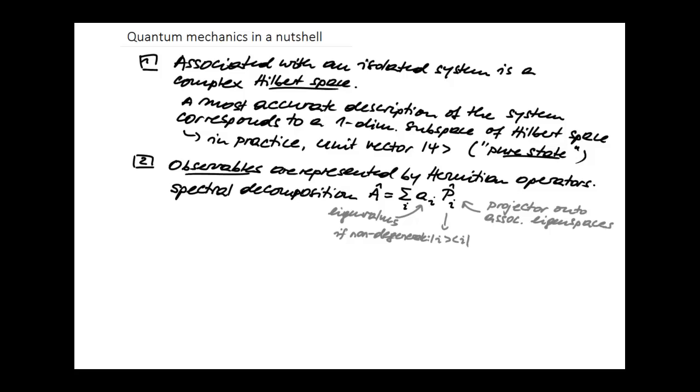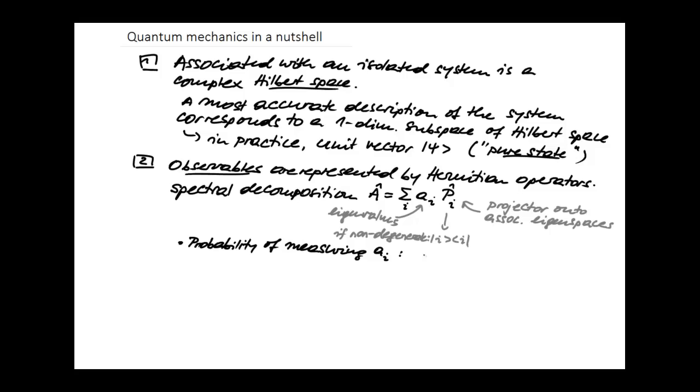Now, so much about the representation of observables. Given a pure state psi, what is the probability of measuring a certain eigenvalue of a given observable? So what is the probability of measuring the eigenvalue a_i in a given state psi? And again, I write it in the more general form that allows for the possibility that eigenvalues are degenerate.